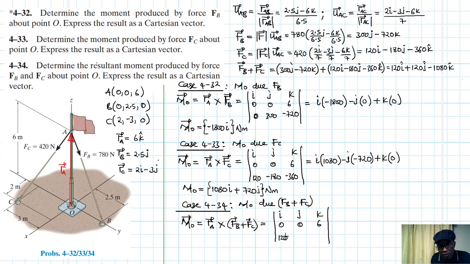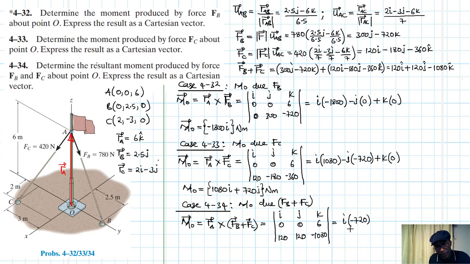We have a 120, 120. And then a minus 1080. This is equal to, in the I direction, we have 120 by 6, which is a minus 720, right?